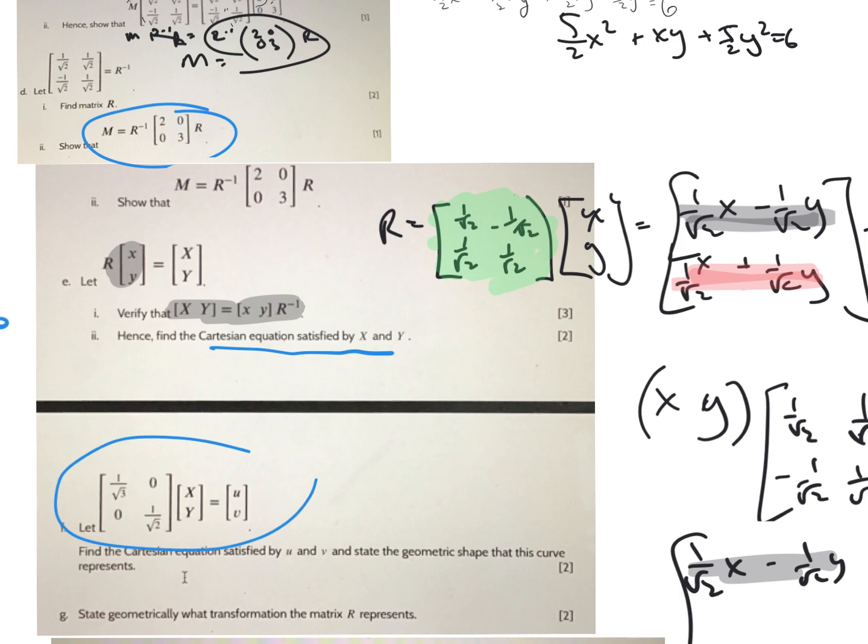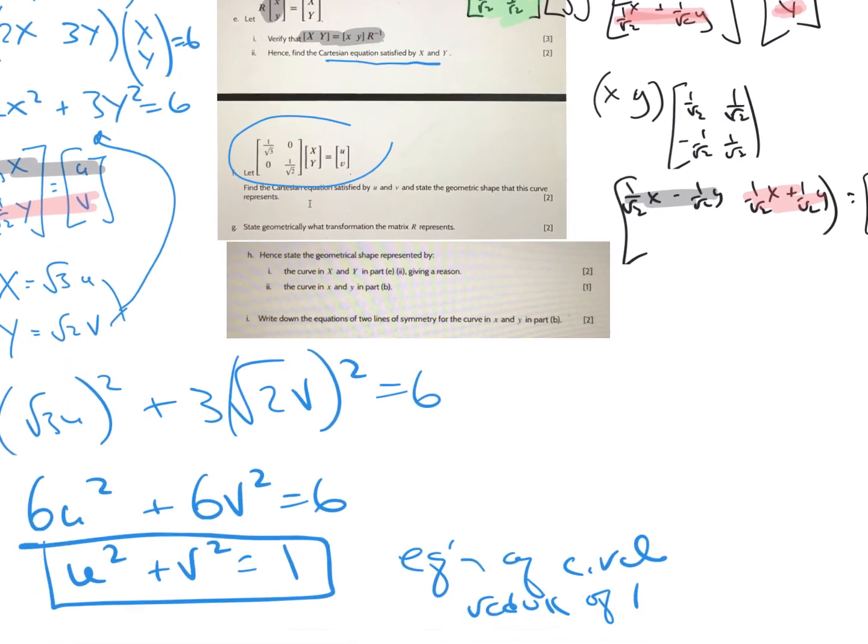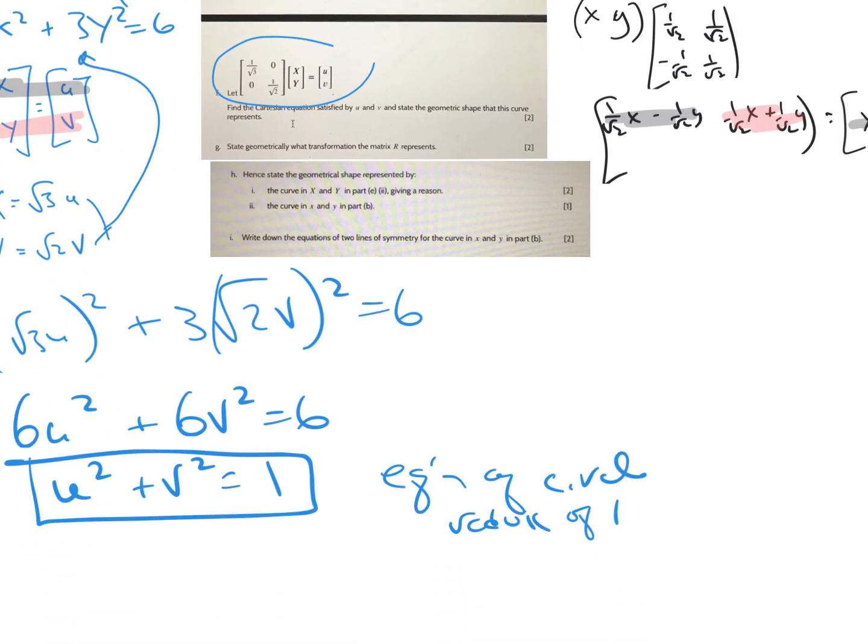And because we're doing transformations, I recognize that this is a rotation matrix. I'm going to go this direction, anti-clockwise. 45 degrees is what that's doing.